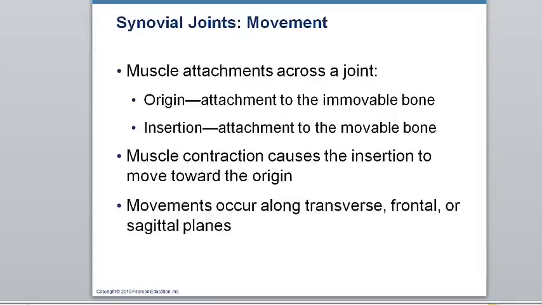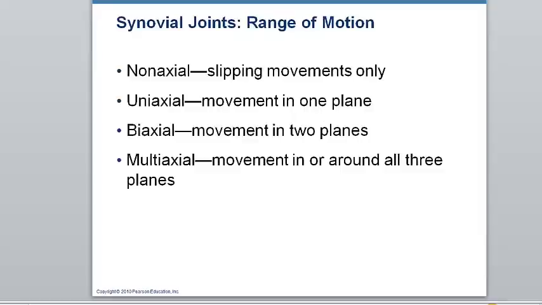When a joint moves, it usually occurs along certain planes. It moves along the transverse, frontal, or sagittal plane. Based on how the attachment and origin are, it moves along these three planes. So that's basically what we're going to talk about: the range of motions of your synovial joint: non-axial, uniaxial, biaxial, and multiaxial. In a non-axial range of motion, it is just slipping.